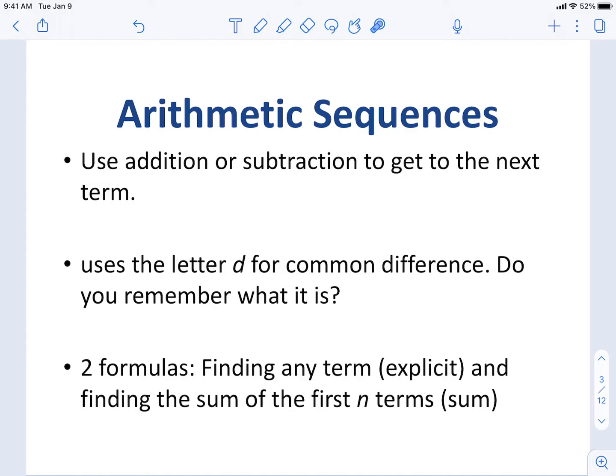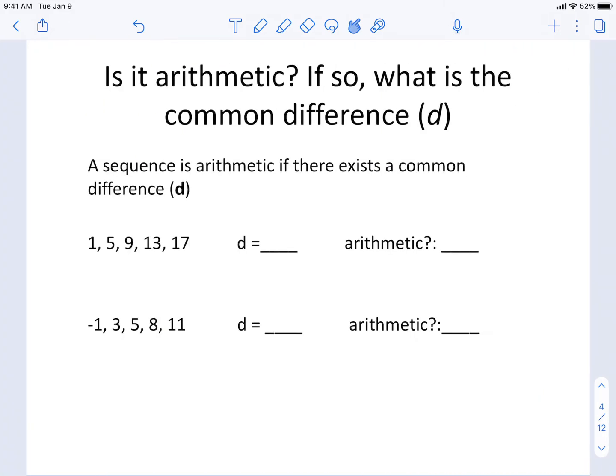We've got our explicit formula, our sequence formula, which is when we are finding a specific term. And then the sum, this is actually the series formula. When you're finding a sum, it's called a series, the sum of a sequence. So if you add it up, instead of finding the 10th number, you add up the first 10 numbers.